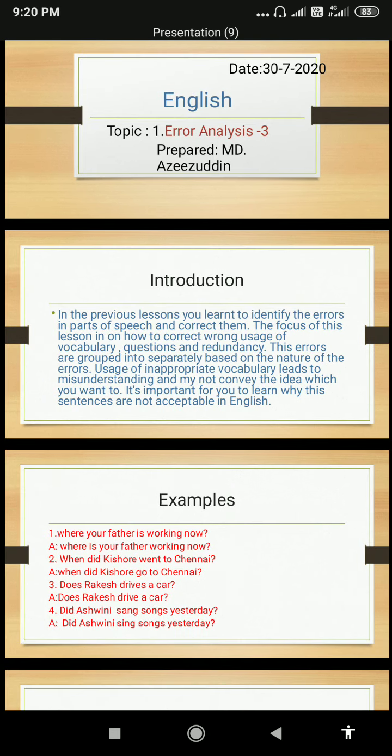Next, have a glance over slide number 4. Here also there are a few examples. The first one is "Saraswati will not go to Jaipur tomorrow, won't she?" So this is related to tags, meaning question tags.